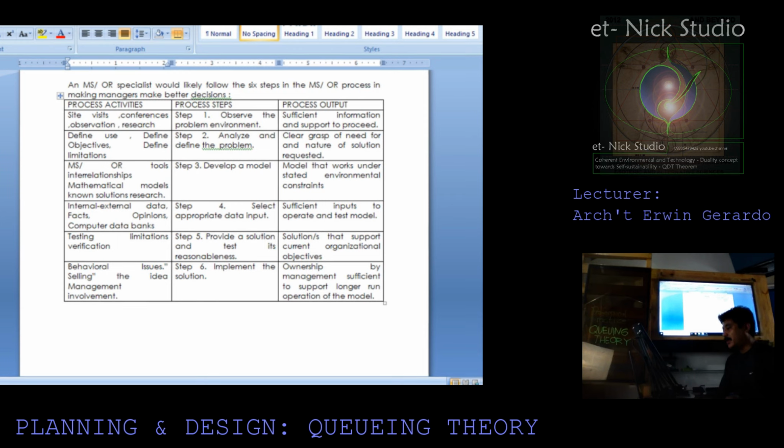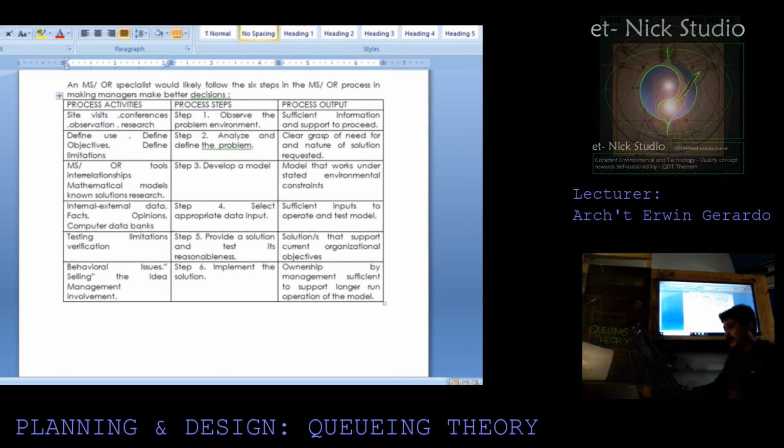Then your process step, under step number 4, select the appropriate data input. So you need to have a process output. If you have sufficient inputs, then you are able to perform the necessary model to operate.